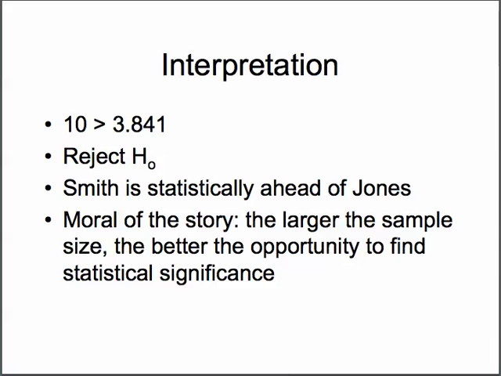And with 1 degree of freedom, clearly 10 is larger than 3.841, the critical value. So we reject the null hypothesis now and conclude that there is a statistically significant difference between Smith and Jones. Smith is statistically ahead of Jones.